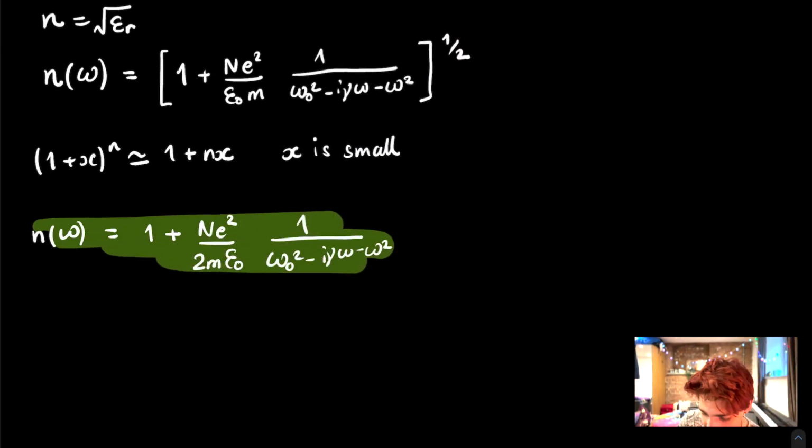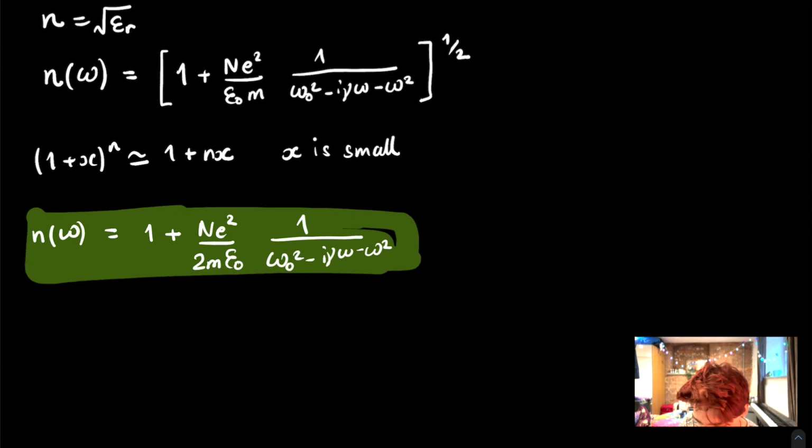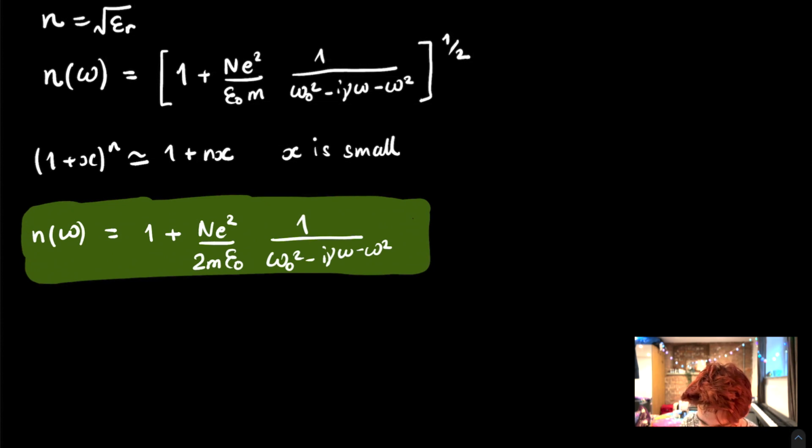So there we have it. We have this expression for the refractive index of our medium right here, our dielectric medium. And it's going to be a function of the driving frequency of our electric field that we are applying to this system right here. And now we can predict what the refractive index is as a function of the frequency.